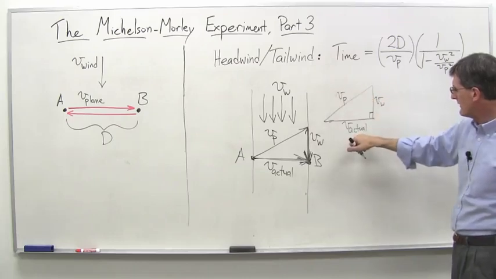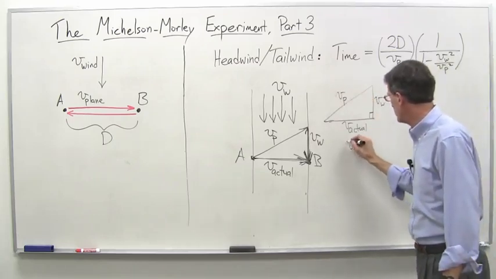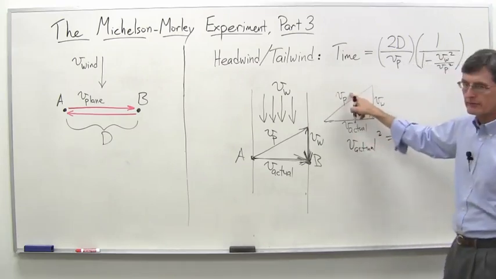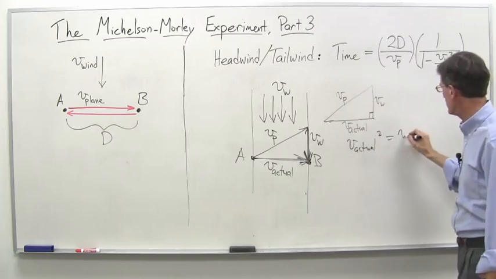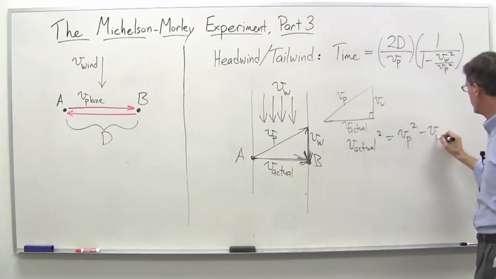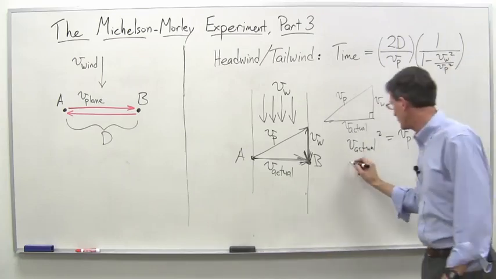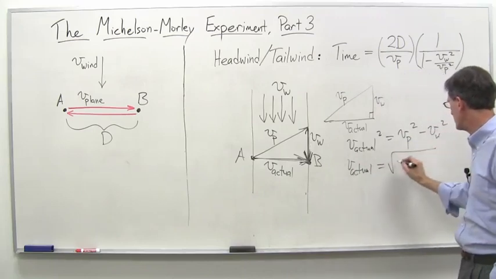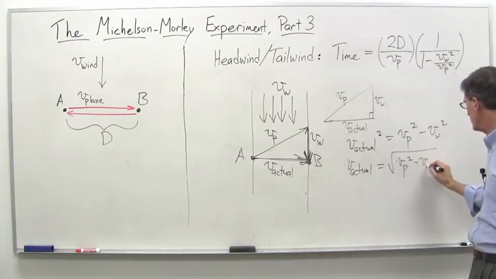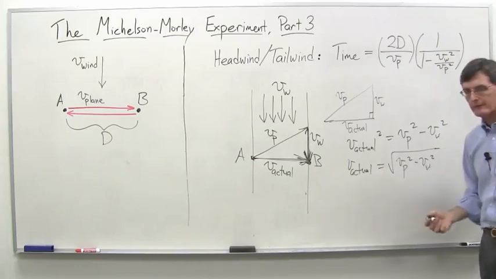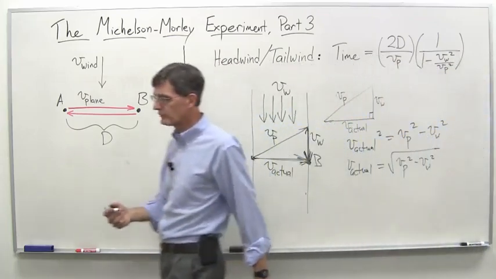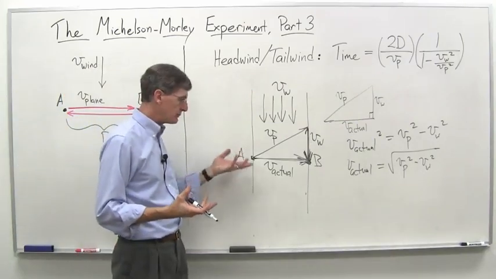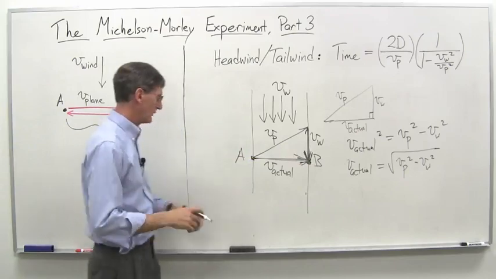So if I want this, I can write V actual squared equals the hypotenuse here squared, Vp squared minus Vw squared, or more precisely, if I just want to do V actual equals the square root of Vp squared minus Vw squared, assuming that we're dealing with positive quantities here for the velocity, of course. Okay, so that gives me the net velocity of the plane from A to B, or the swimmer from A to B, if you want to think about a swimmer.